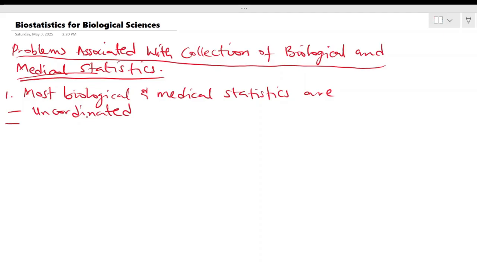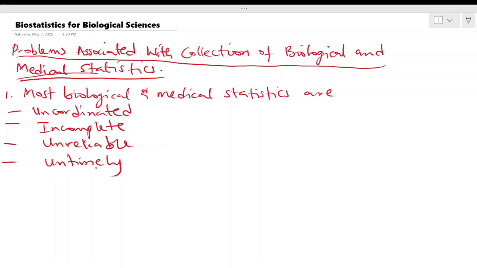They also are incomplete. As such, they are unreliable and, what? Untimely. That's a major problem that is associated with the collection of biological and medical data.